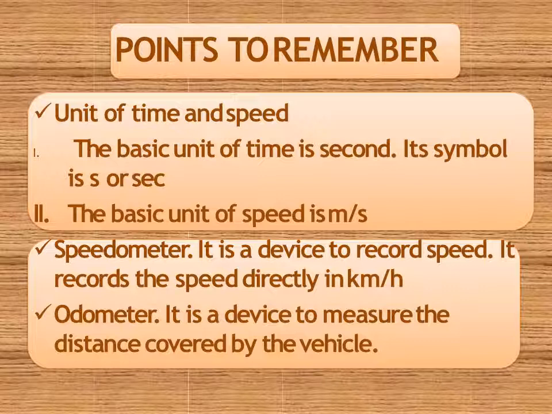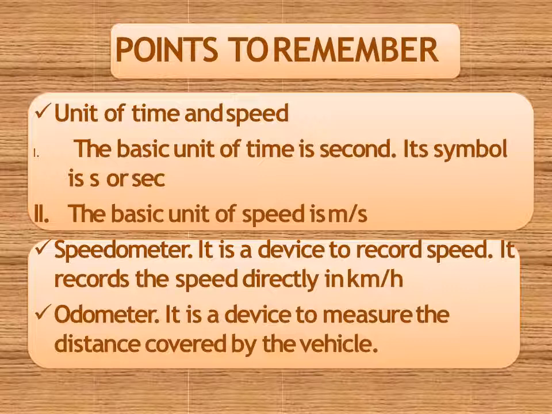Similarly, we have an odometer also. It is the device to measure the distance covered by the vehicle. That means, on the side of or below the speedometer, we have an odometer, to know a trip.